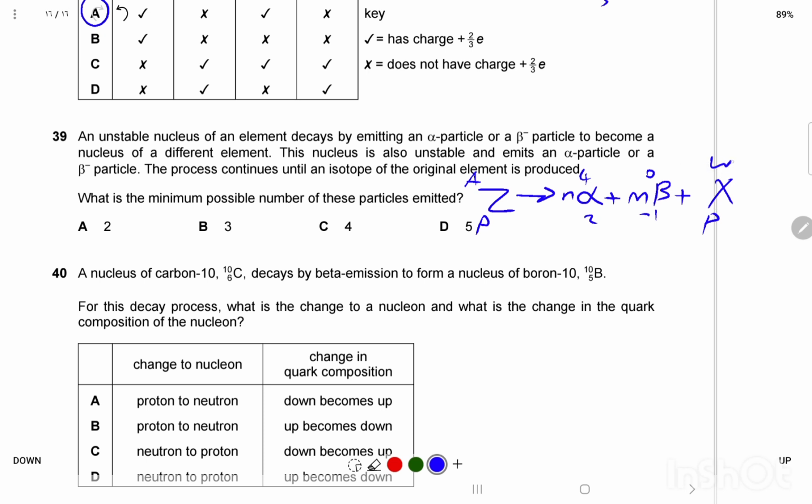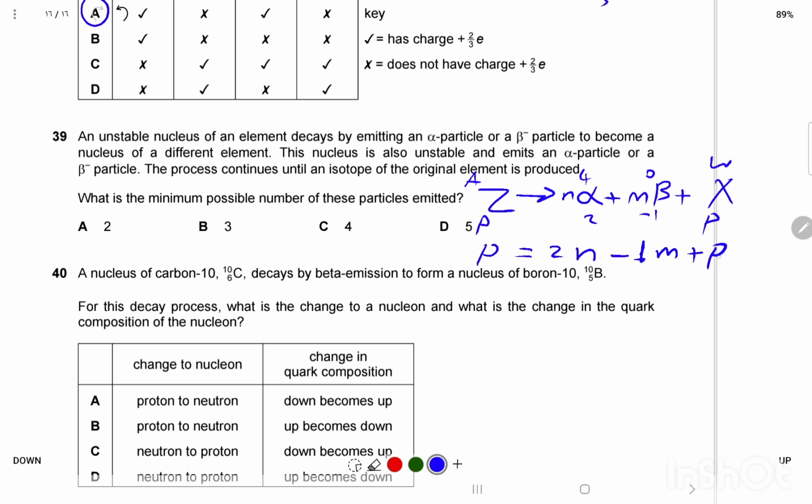Let's call it W. So now we have to focus on P, it should appear again. So now we can form an equation. The bottom numbers must be the same. So P is equal to 2N minus 1M plus P, because the bottom numbers must be balanced.